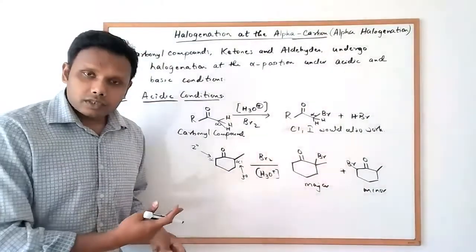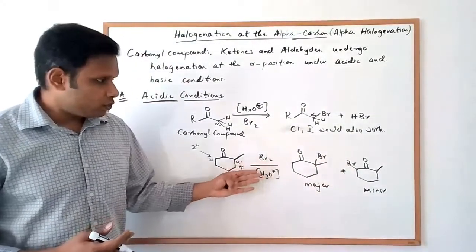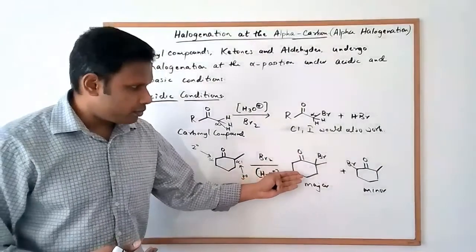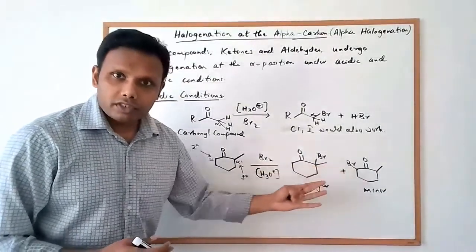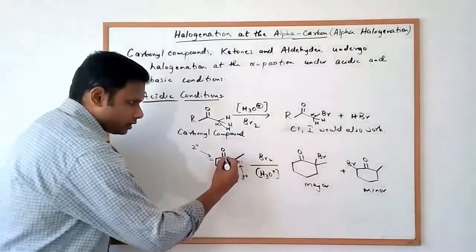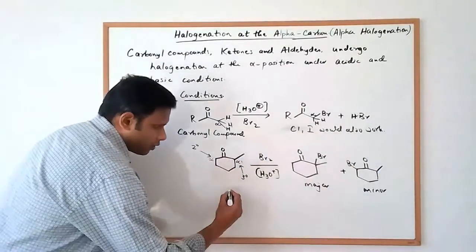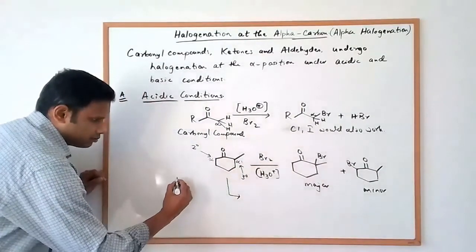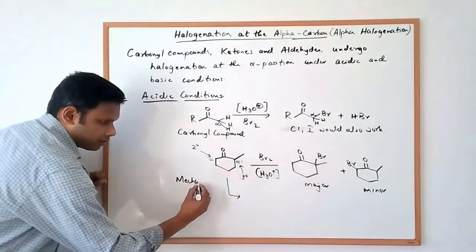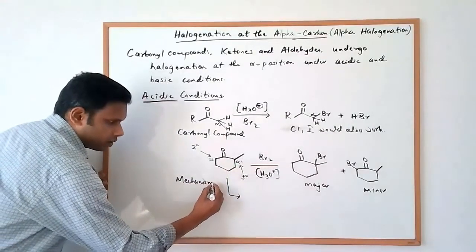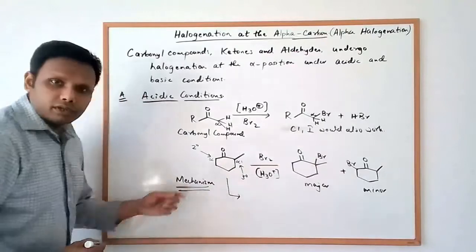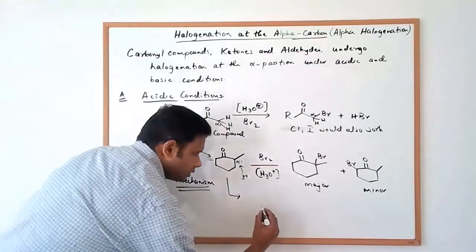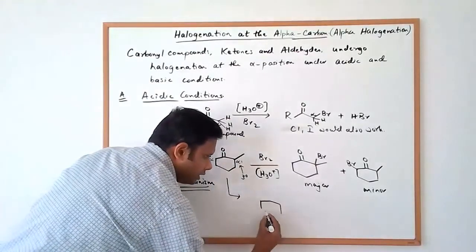The answer for this lies in the mechanism. So when you work through a mechanism for the formation of both of these products, and I'm not working through the entire mechanism here, but if you work through the mechanism for this, you're going to get to the enol.